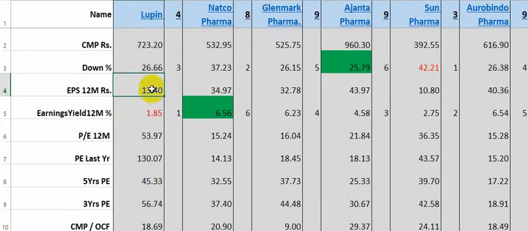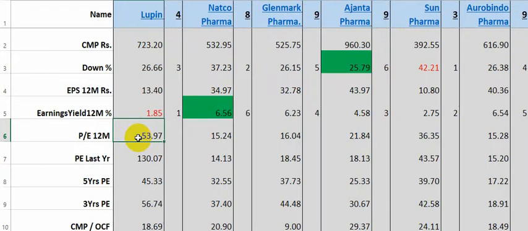So 723 divided by 13.4, that is price divided by earnings, which is what price earning stands for, we get 53 times. Price was 53 times higher than its earnings. This ratio helps us understand where the price is trading compared to its earnings. We don't want to pay a very high multiple as against the earnings of the company.